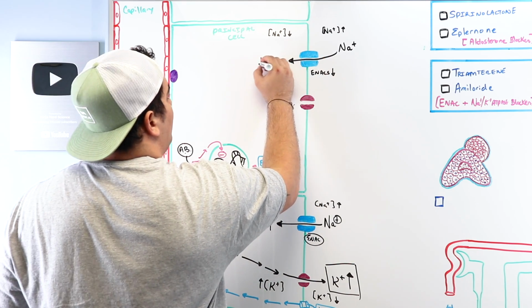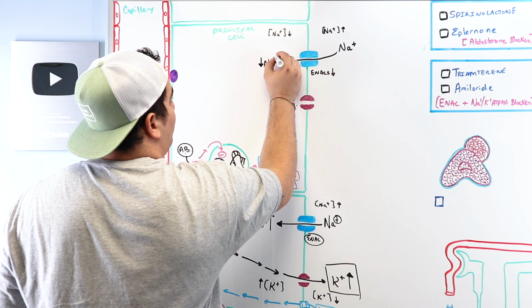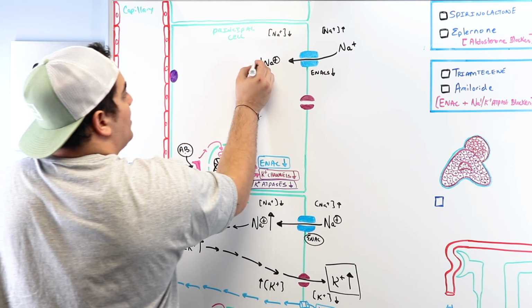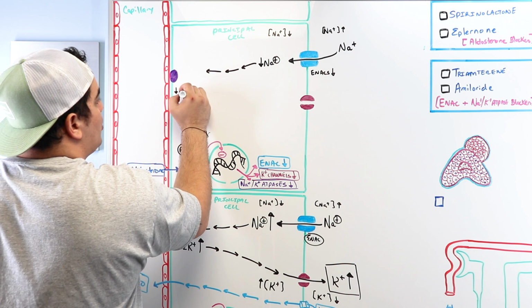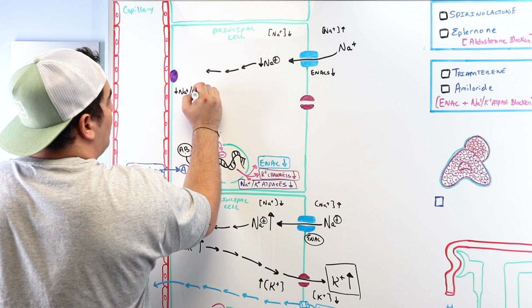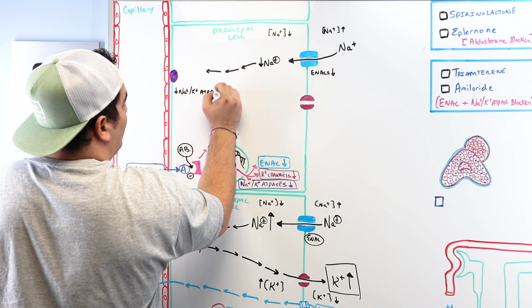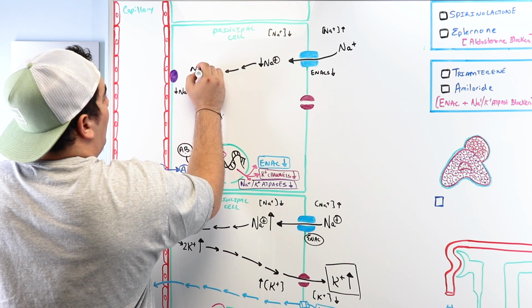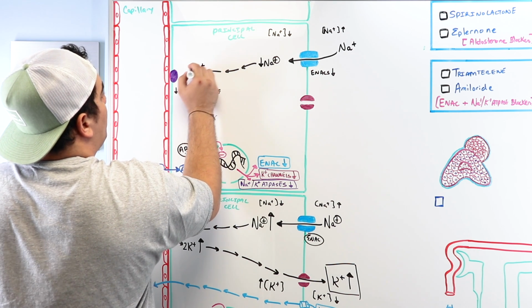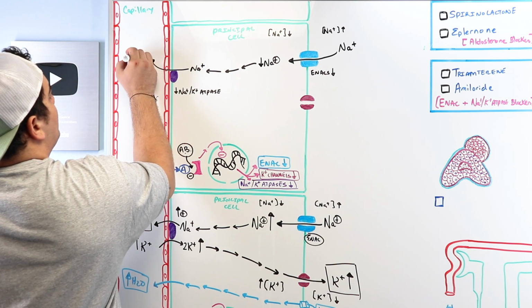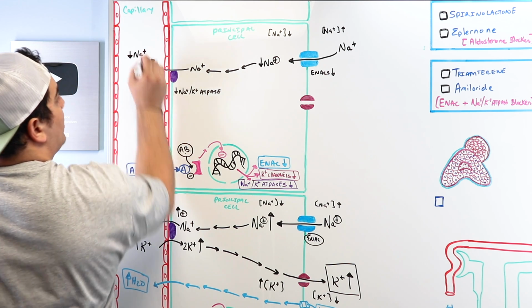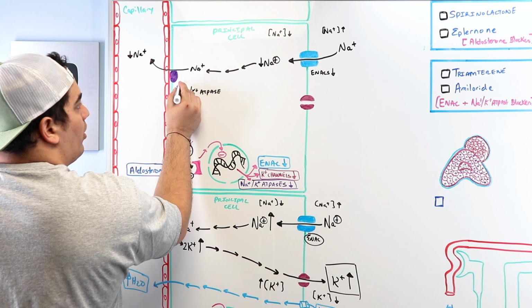If less sodium moves into the cell, remember, what else is the other thing here? There's decreased sodium potassium ATPase activity. That means there's going to be less movement of sodium across this transporter and into the blood. So there's decreased sodium movement because there's decreased activity of this transporter.